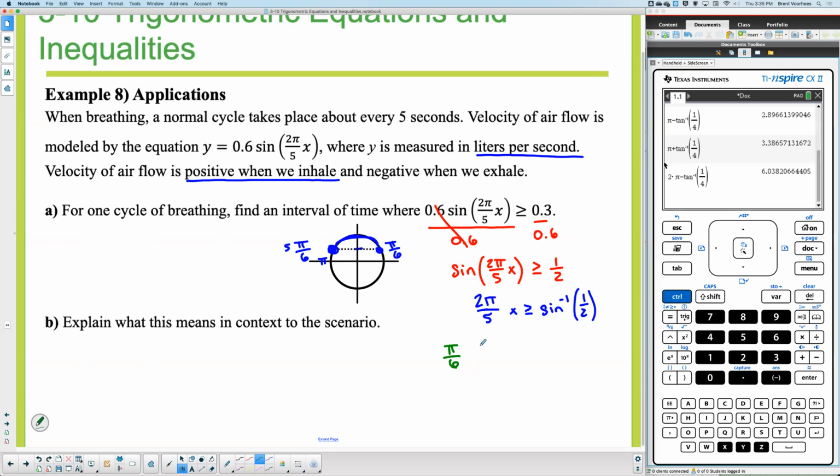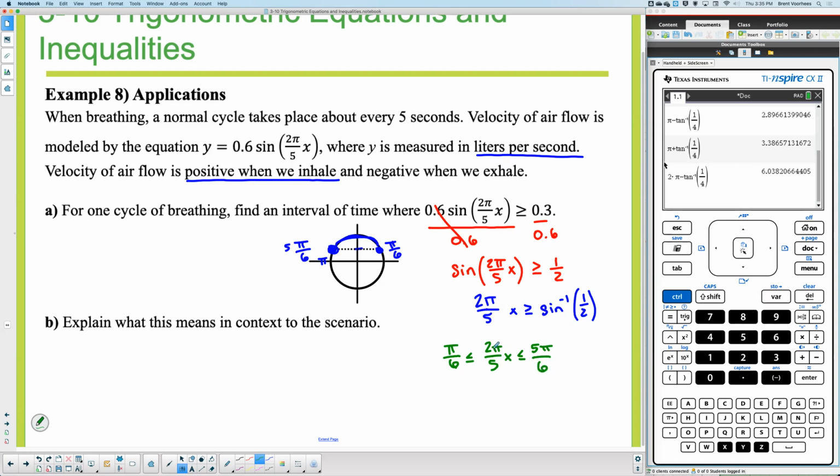Pi over 6 is going to be the lesser value, less than or equal to 2 pi over 5 x, which has to be less than or equal to this value over here, 5 pi over 6. Oh, I forgot the x. Oh my goodness, I'm going to have to erase it to fit that in there. x less than or equal to 5 pi over 6.